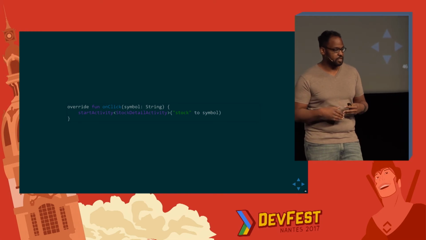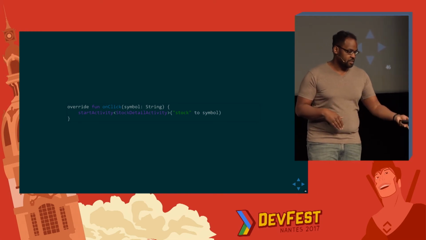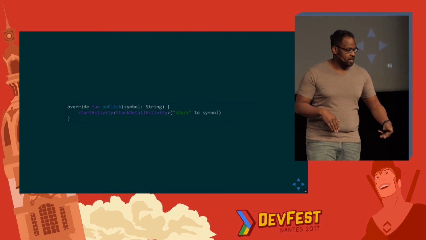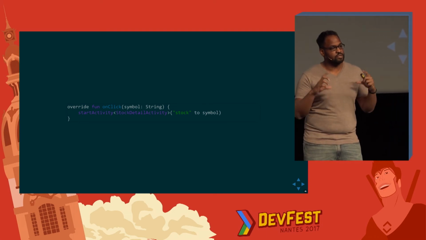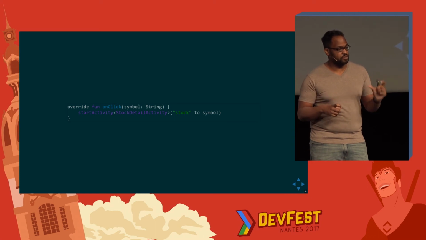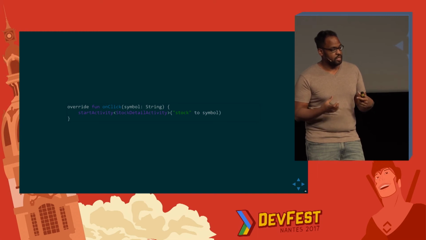So you can do string, so in this case, stock is a string, and symbol is a string, so it's going to store a pair with one string that's stock and one string that's the symbol that's in the value.